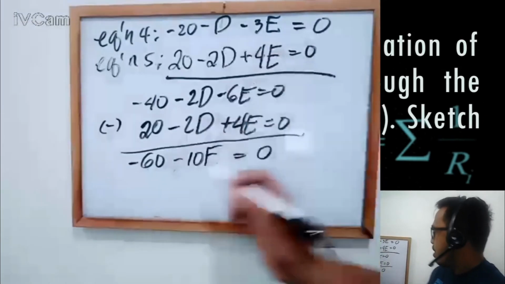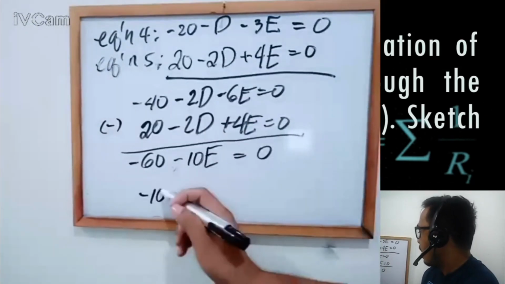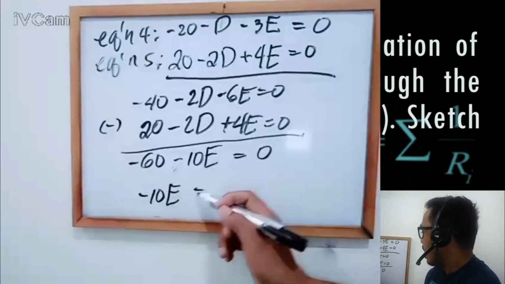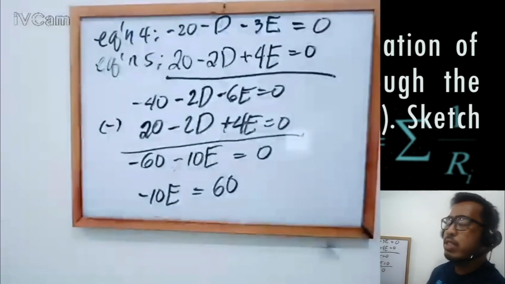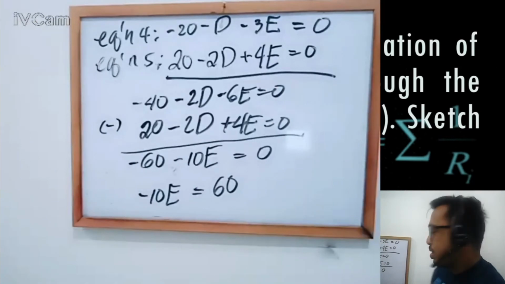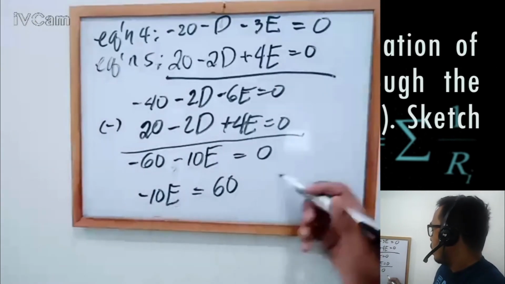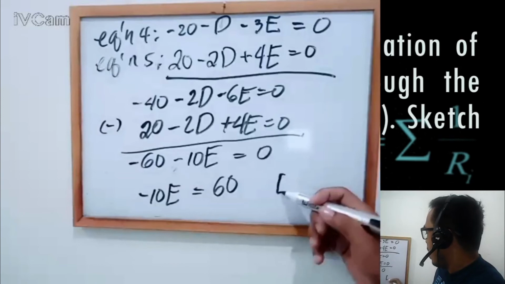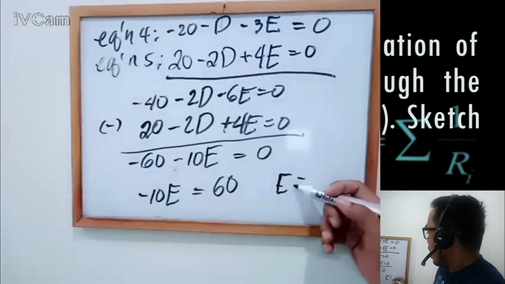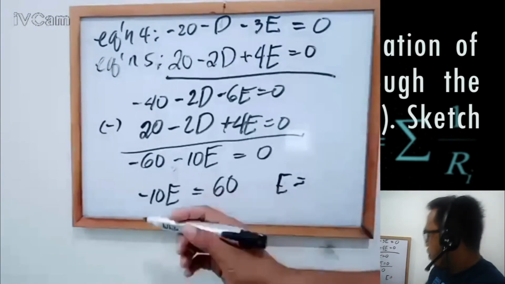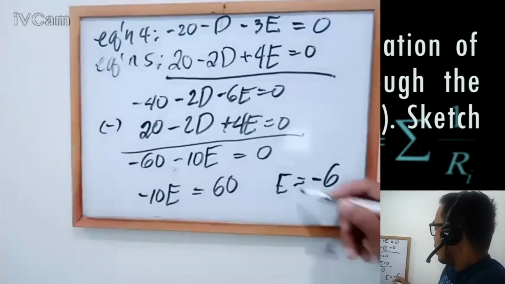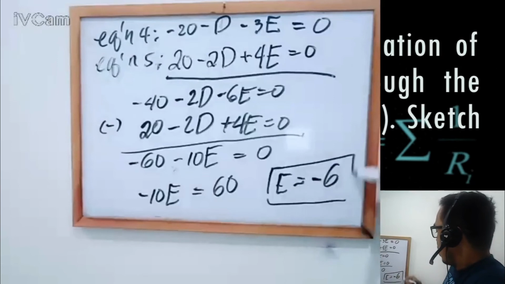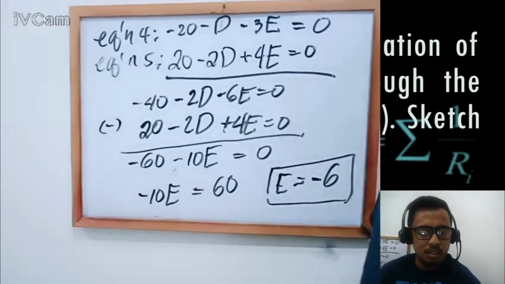You can transfer 60, so you have negative 10e equal to positive 60. Divide both sides by negative 10, so the answer is negative 6. So our e is negative 6.